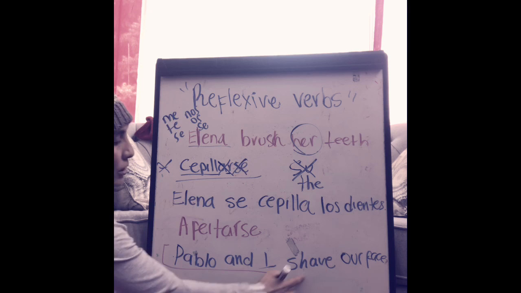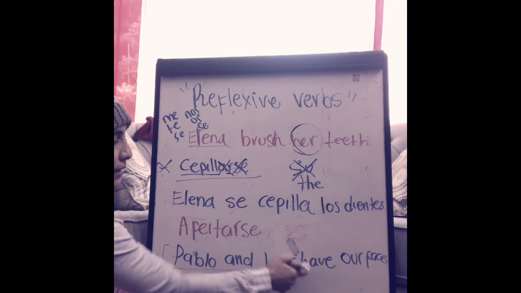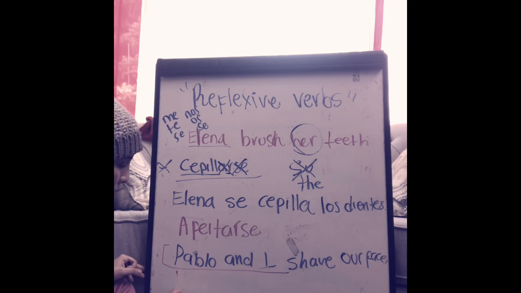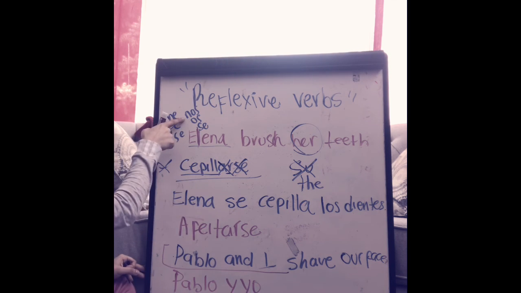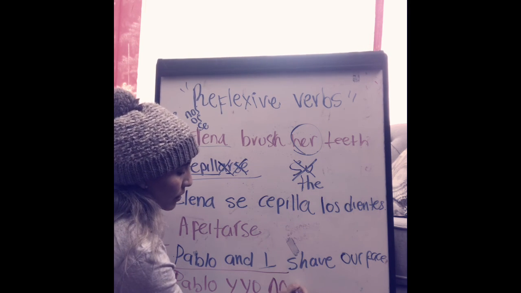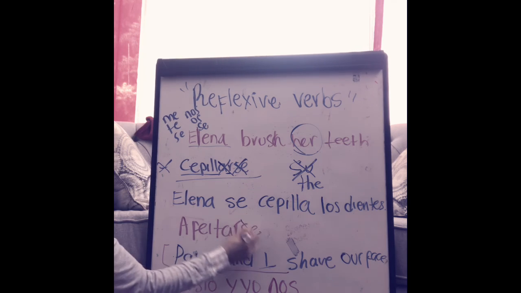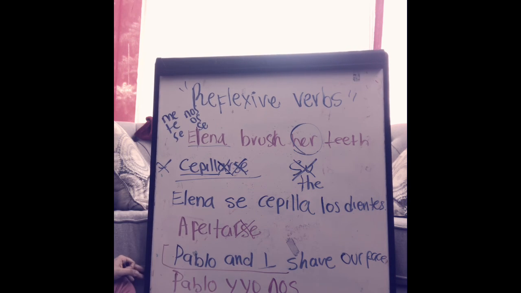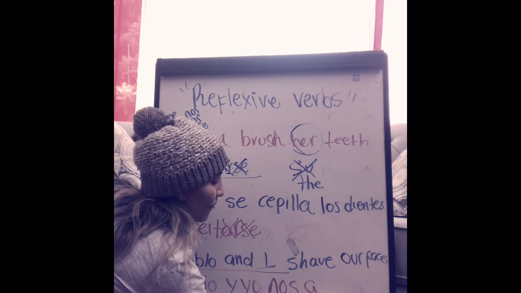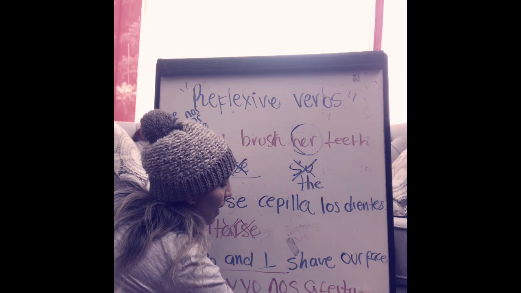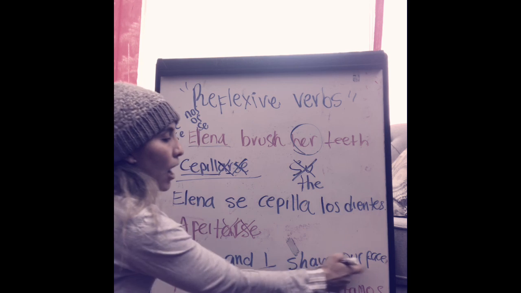So then I am going to conjugate afeitarse in the nosotros form. So Pablo y yo, the pronoun for the nosotros form is going to be nos. And then afeitar conjugated in the nosotros form as well: afeitamos our face.